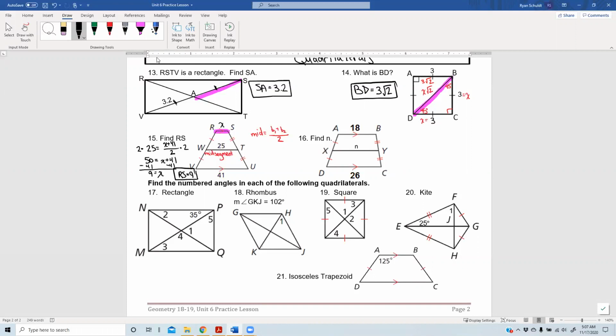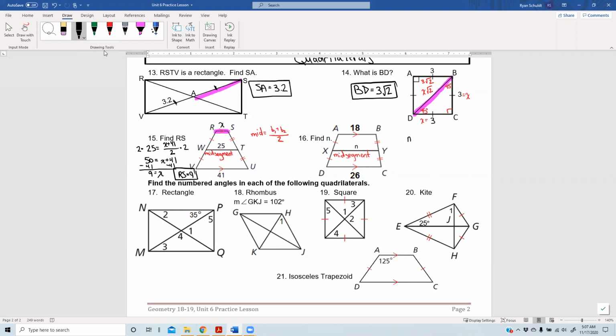Okay, 16. We have the same story. XY is our mid-segment. So we need to solve for n. That's what it tells us to do. Find n.